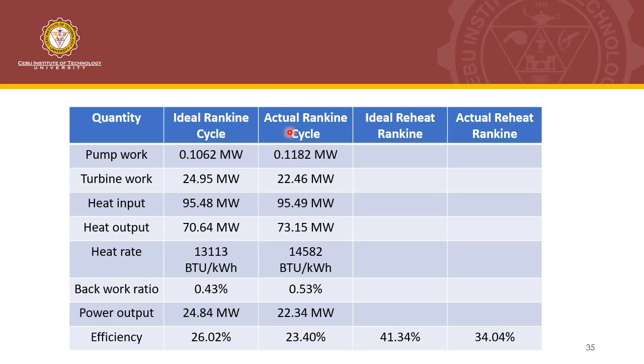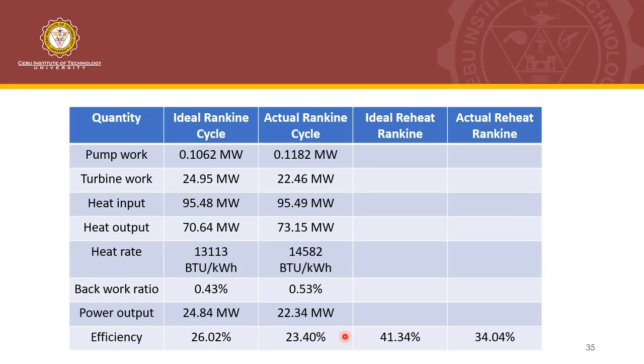So in the actual Rankine cycle of the same given, we notice a decrease in the thermal efficiency, which is 23.4%.